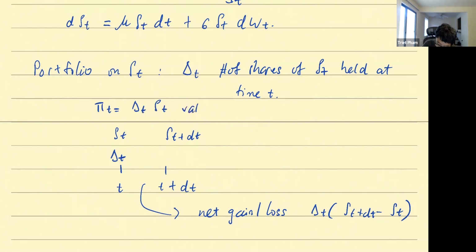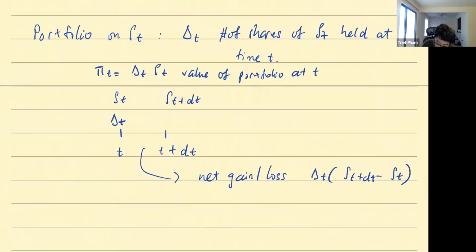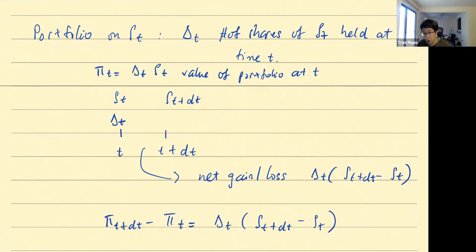Then what I'm expressing is the change in the portfolio: the net gain or loss is the number of shares you held at time t times the change in the stock price. Very simple. Any question on this?